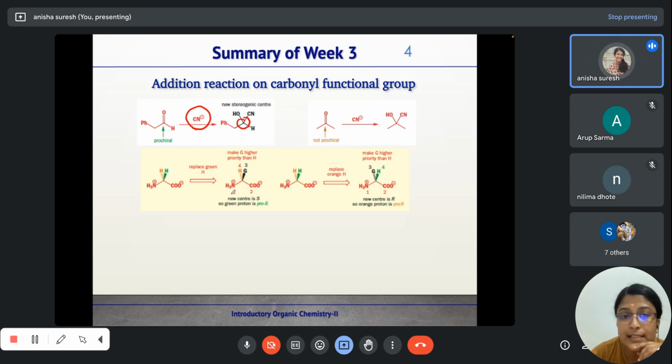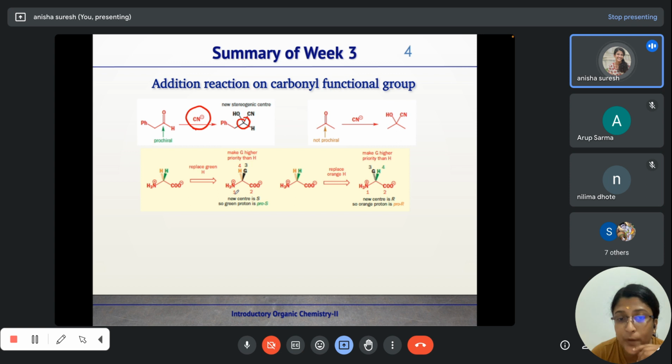As it is shown here, the first priority will go to NH3 plus. Then comes C double bond O minus. Then, as we have mentioned, G is given higher priority than hydrogen, and then the least priority will be coming for hydrogen. So, 1, 2, 3.